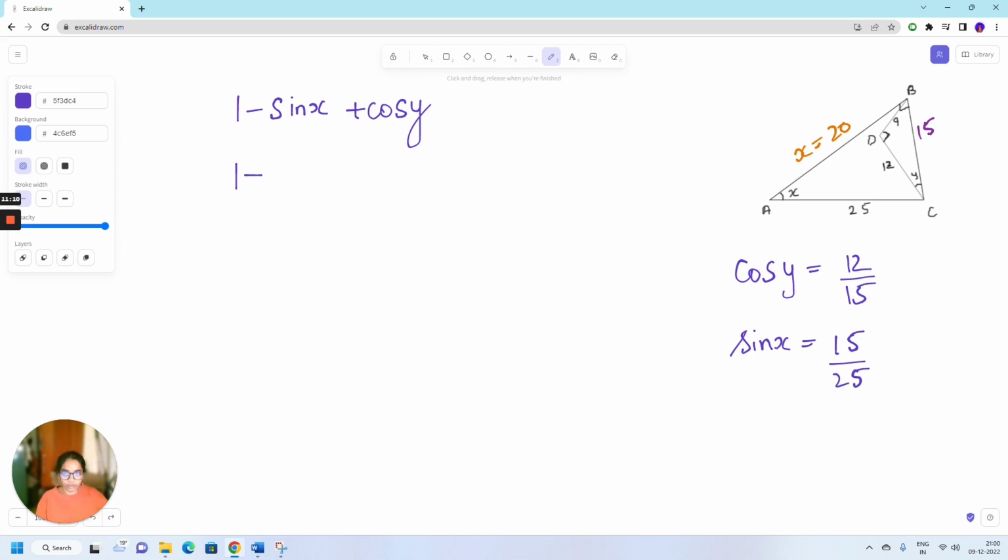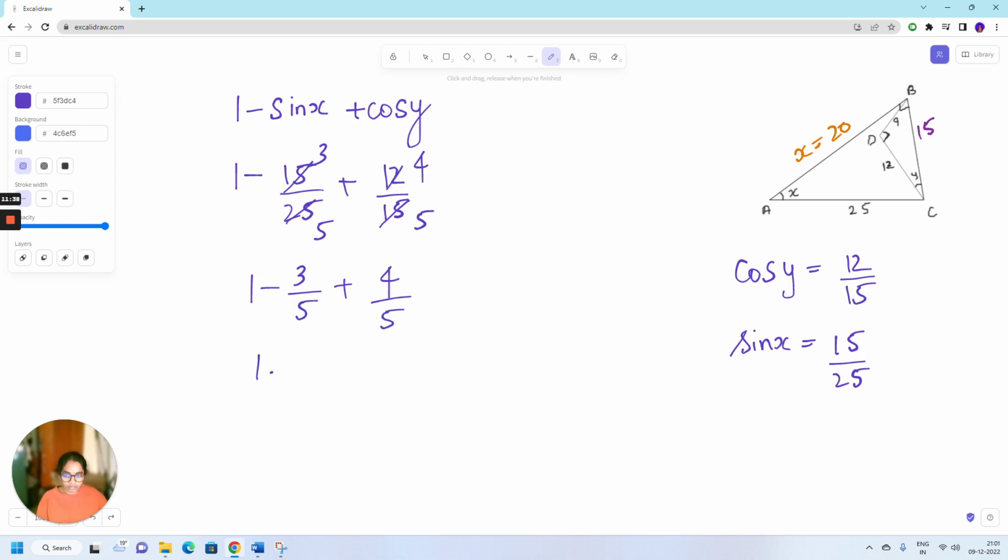So what would I get? 1 minus sin x, that is 15 divided by 25, plus 12 divided by 15. Can I cancel this? Yes, so I would get 1 minus 3 divided by 5 plus, 3 4s are 12, 3 5s are 15, 4 divided by 5.